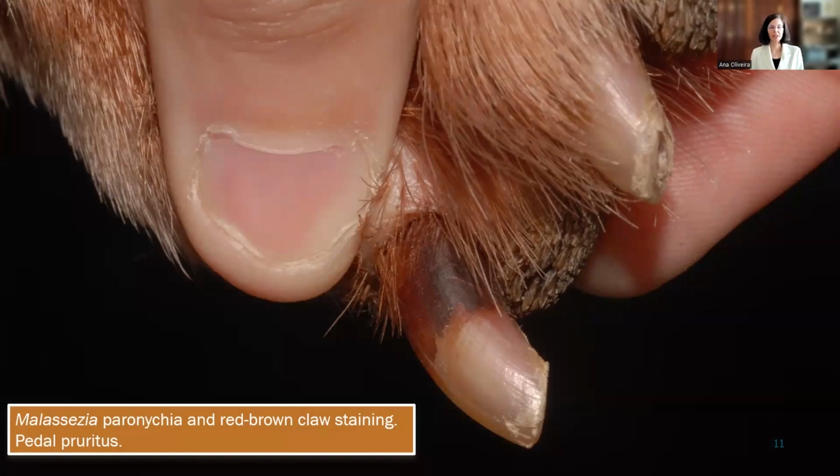Most of the time, in my experience, the nail paronychia is associated with the interdigital Malassezia overgrowth, but I have seen cases where we only have Malassezia paronychia. So make sure that when you're examining the feet of your patient, you look at the nails and look at the nail bed.